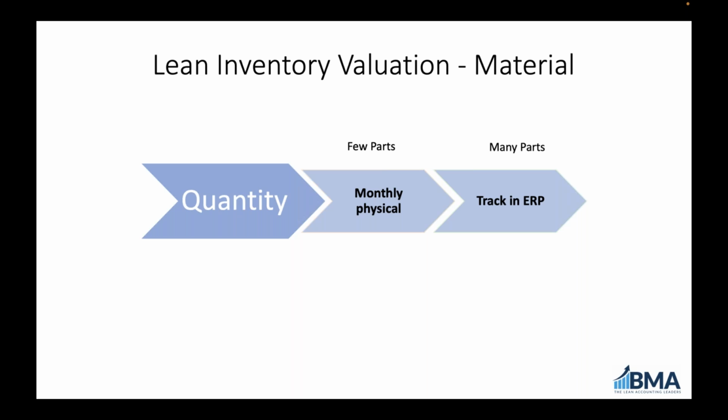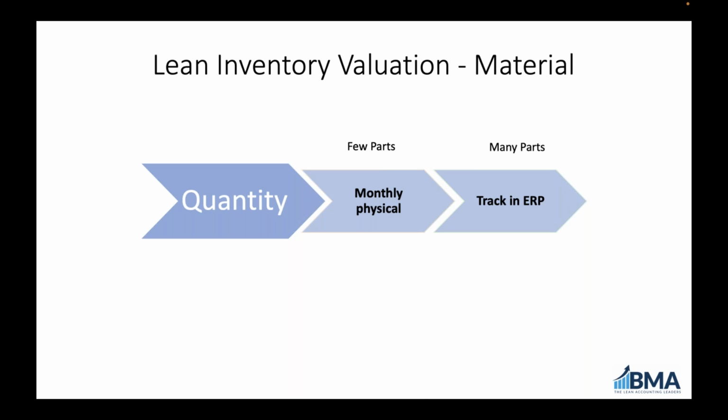I did work with one company one time where they only had one raw material. It made many, many different types of products, and they basically just did a monthly physical, because it was powders that were brought in in these huge totes that weighed hundreds of pounds, and they turned them into different types of products.